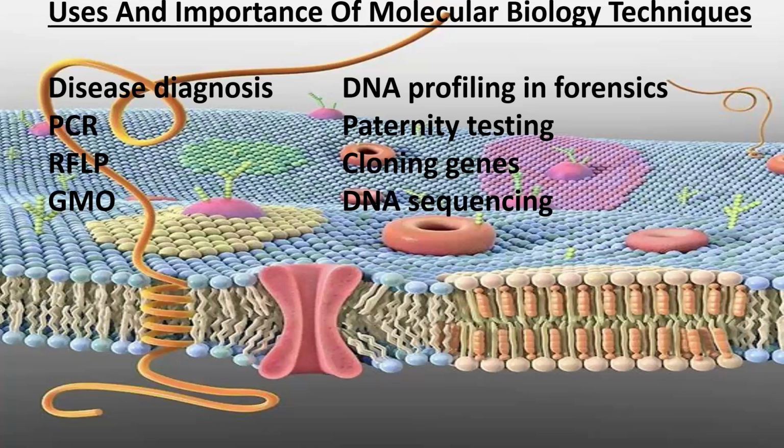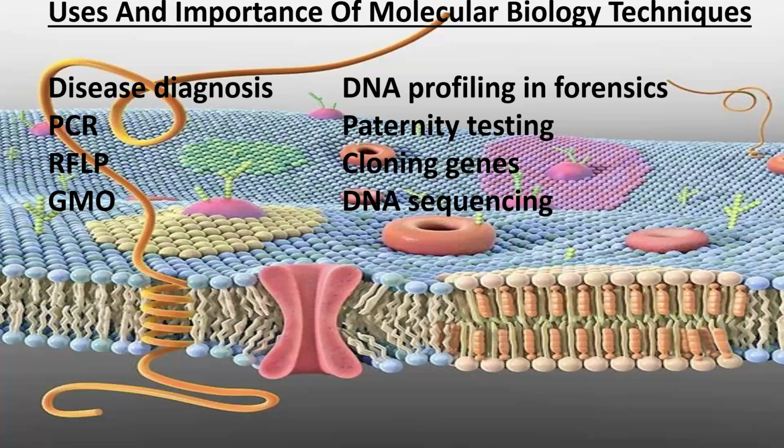Cloning genes. Cloning a gene means making an exact copy of a specific gene. Scientists do this to study gene functions or produce useful proteins like insulin for diabetes treatment. And next one is GMO, genetically modified organisms.